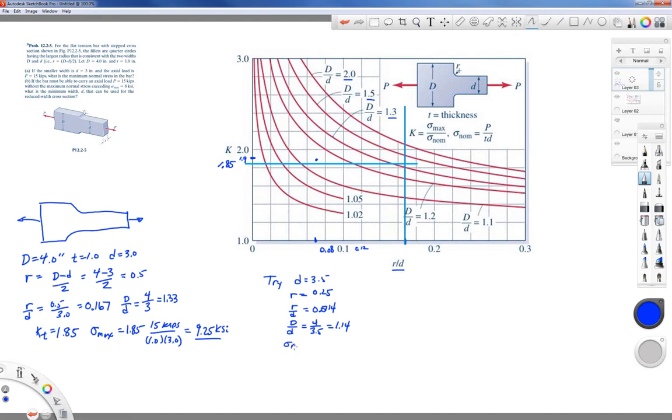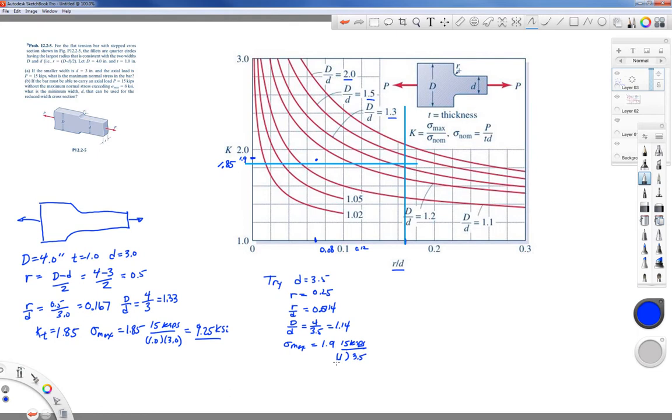Sigma maximum is going to be equal to 1.9 times 15 kips divided by 1, and now our little d is different. It's now 3.5. Even though the stress concentration factor is higher, our nominal area has increased.